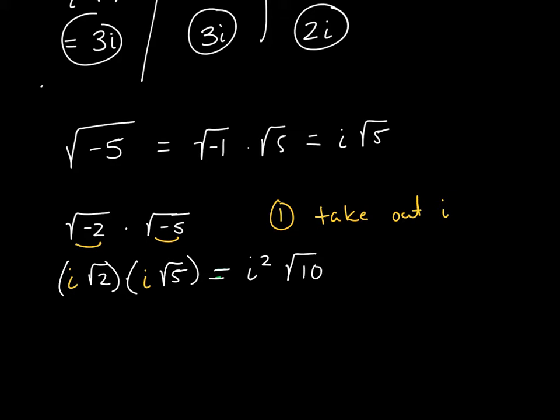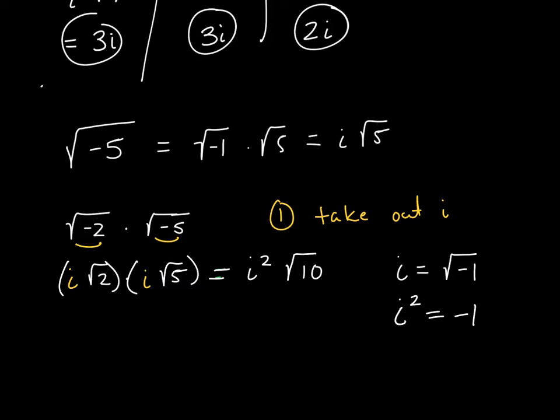Now, this brings up a special property here. So if i is equal to the square root of -1, then i squared will always equal -1. So that's just it.